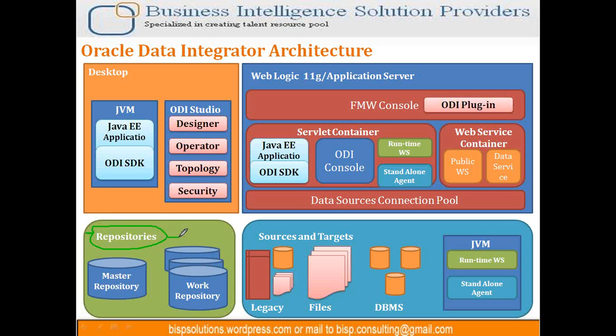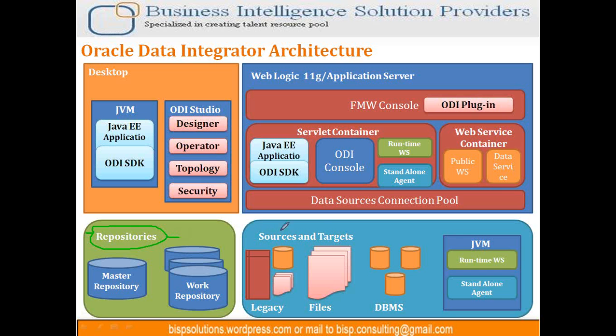In ODI, a repository is just a place, the DBMS place, where we put our projects and the data server details, the metadata, in DBMS format. There are two repositories in ODI: one is the master repository and the other is the work repository. I'll discuss both of them in detail in a future slide.